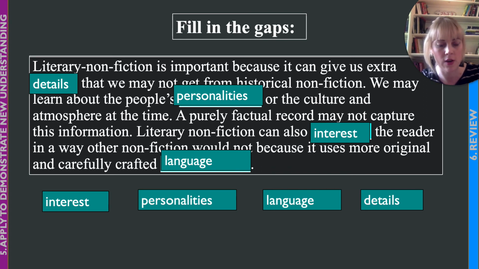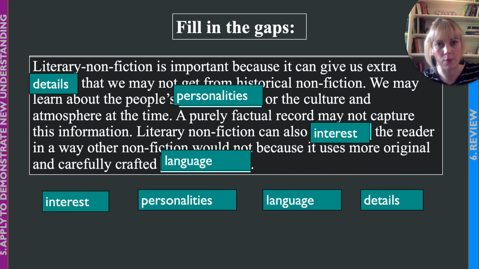Okay, so what I hope you'll have understood by the end of this lesson is that literary non-fiction serves a unique role in our understanding of history, and some of the greatest speeches and bits of persuasive writing that you can find out there, things like Anne Frank's diary and the memoirs of the civil rights movement, are so important because not only are they hugely persuasive in terms of the way that they've been written to try and communicate to people the necessity of change, whether that's for racial equality or for the end of a regime like Nazism, fascism.